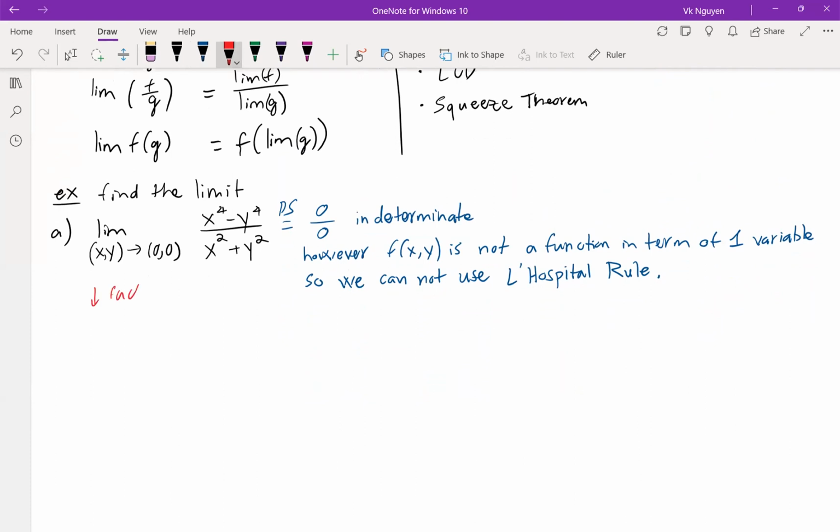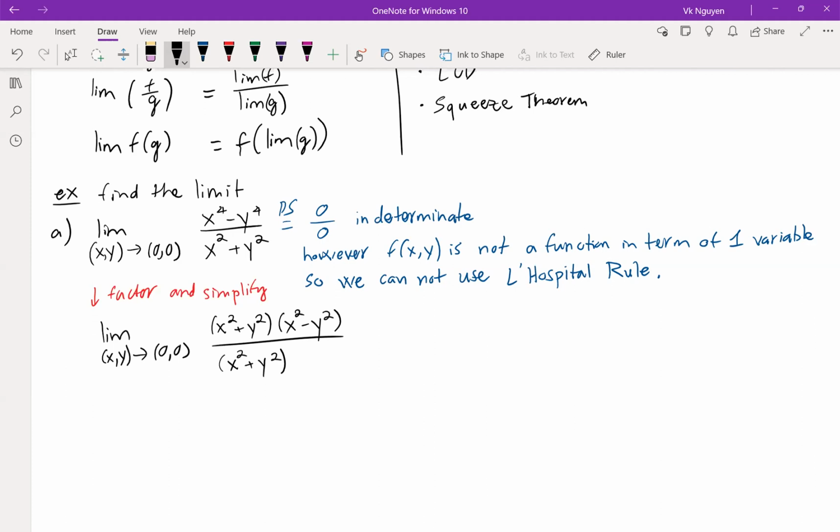I'm going to do a factor and simplify. Limit (x, y) go to (0, 0). Well, you can factor this out to (x squared plus y squared)(x squared minus y squared) over (x squared plus y squared).